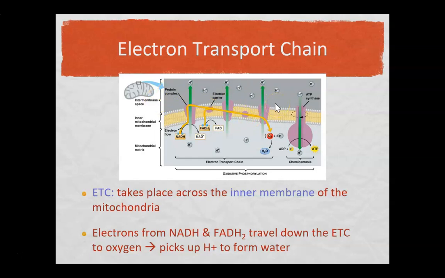The other interesting thing here is to note what I'm creating in terms of that gradient. So I'm using these H plus ions, and it's really important to understand the fact that it needs to be an ion and it can't just be hydrogen atoms, right? So remember, an ion means that I have a positive or negative charge because I've either added or removed electrons.